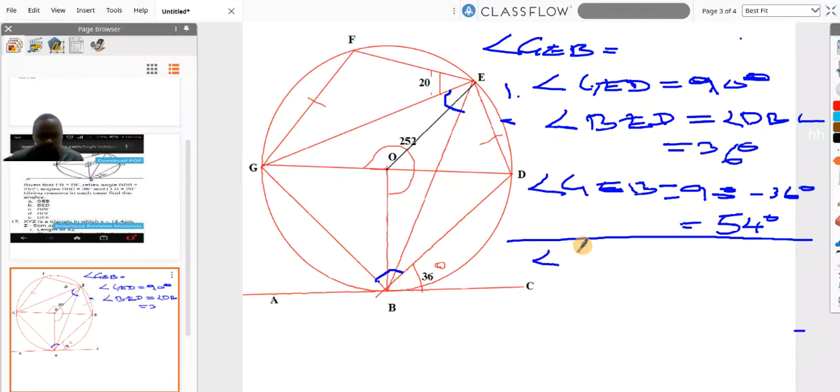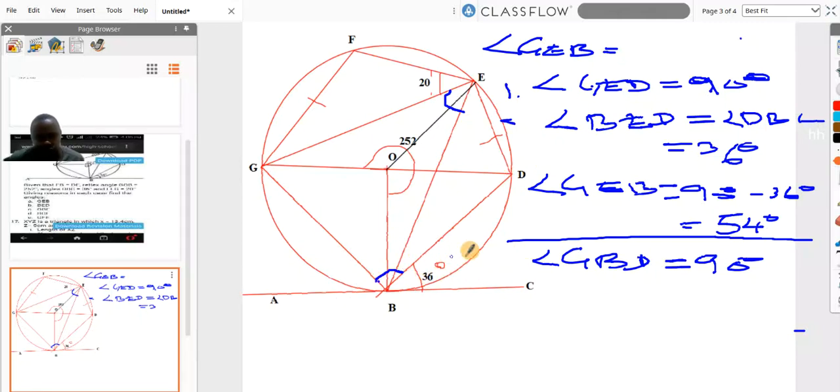Angle GBD is equal to 90 degrees, because of the angle subtended by the diameter at the circumference. And this angle here, angle DBC, is equal to 36.